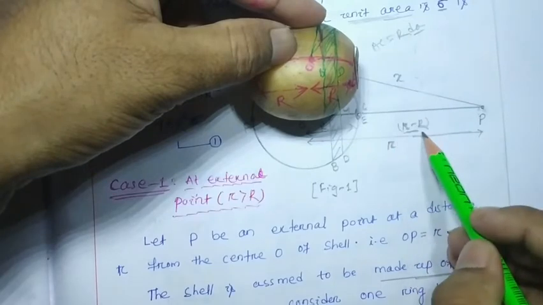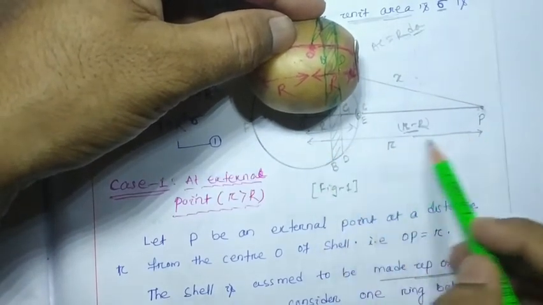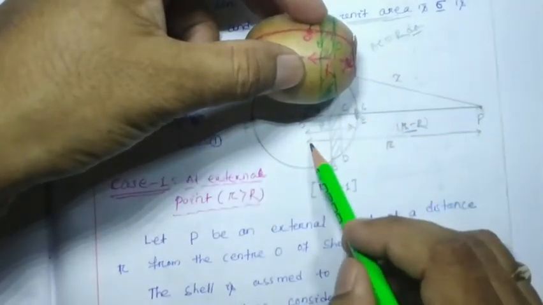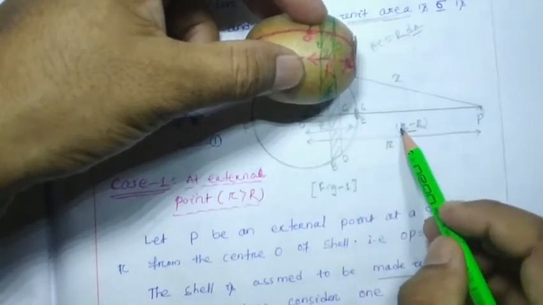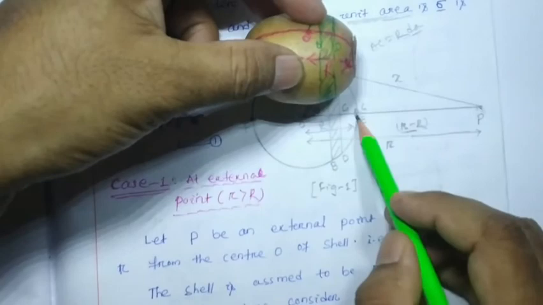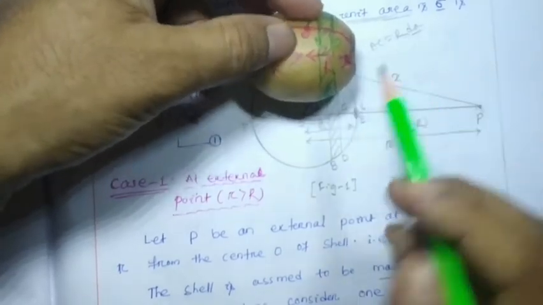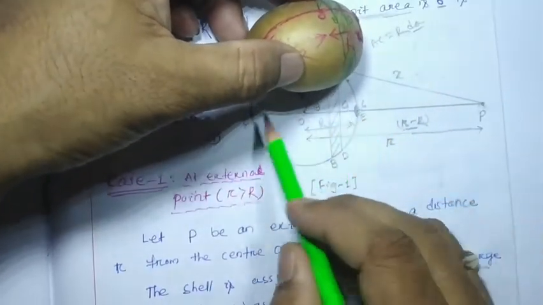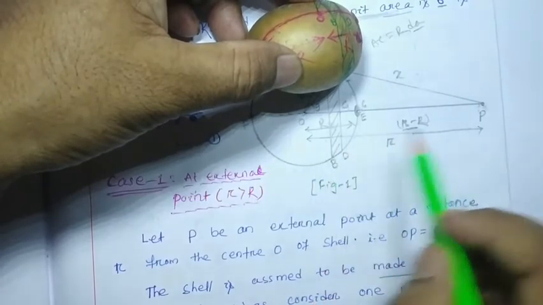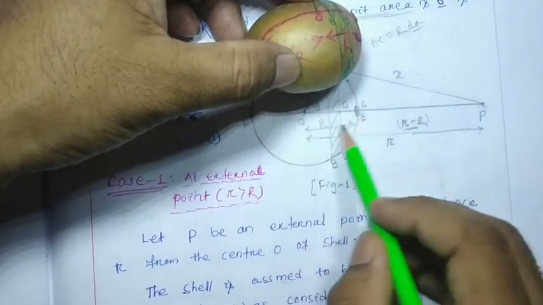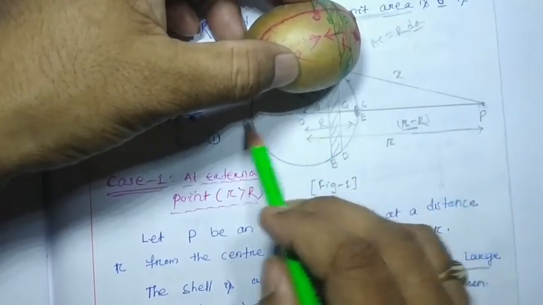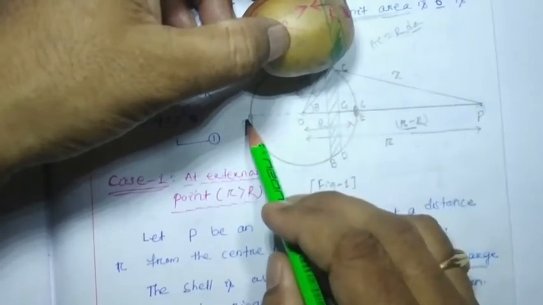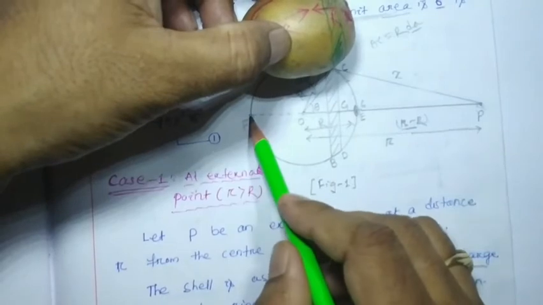This will be r minus R. From here to here, small r, here to here, the capital R. So from here to here, it will be small r minus capital R. Then we have to count from this ring to the end of this ring F. That means I have to consider up to this point. What will be the distance from here to here? R plus this R, r plus R. That means C to F we have to integrate, from r minus R to r plus R.